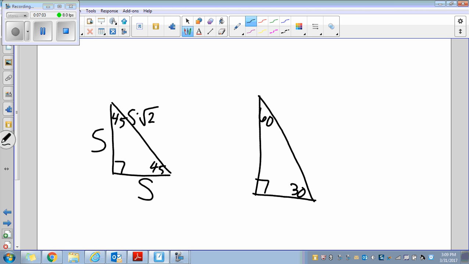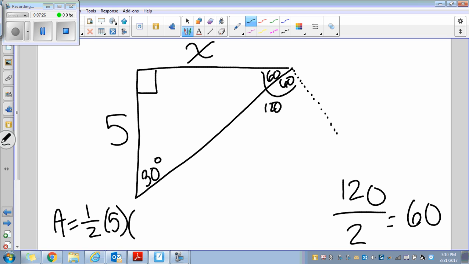The shortest side is what it is. The hypotenuse is twice the shortest side. And remember that the longer leg is s times radical 3. So we're going to use that in our special right triangle in our hexagon.